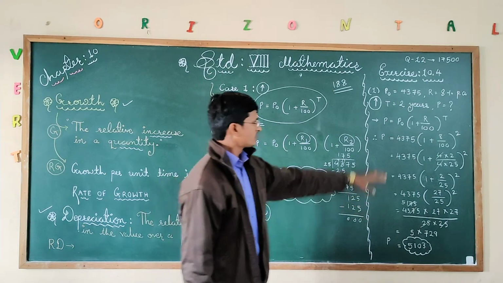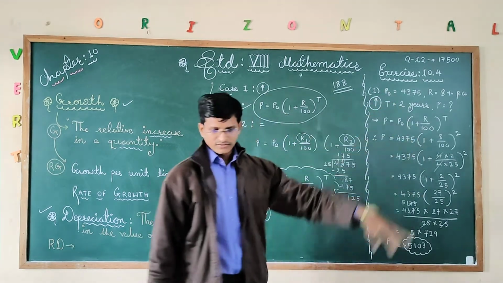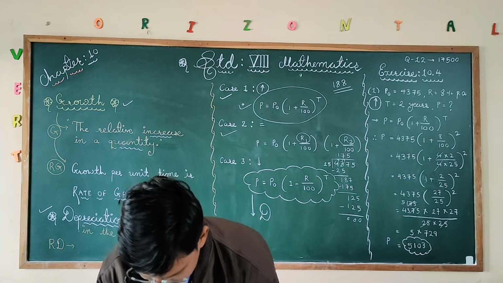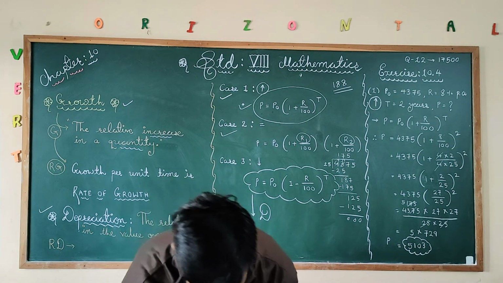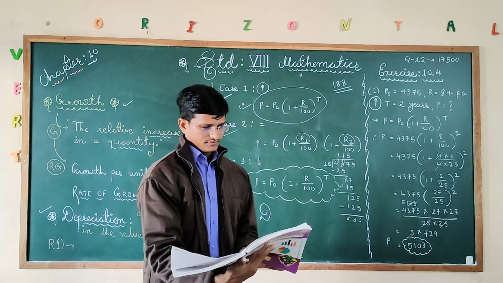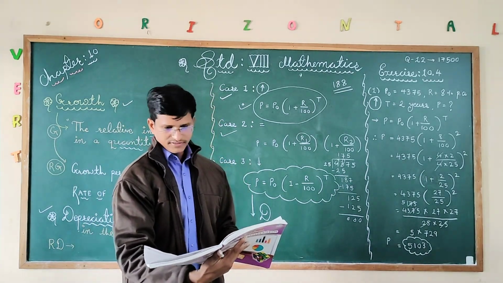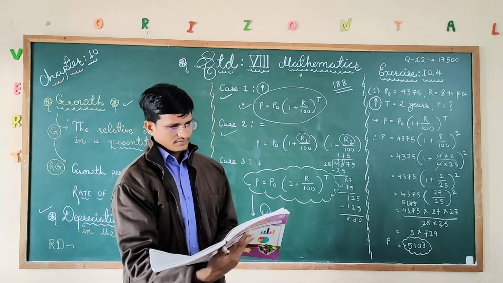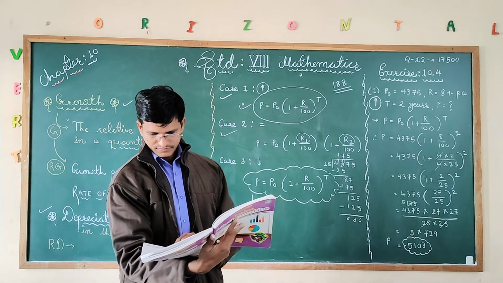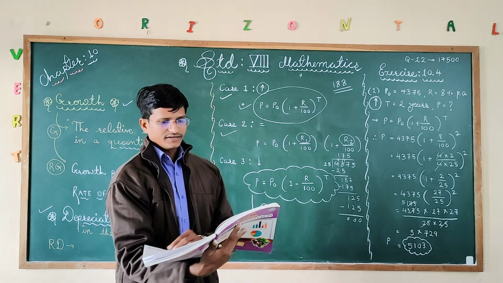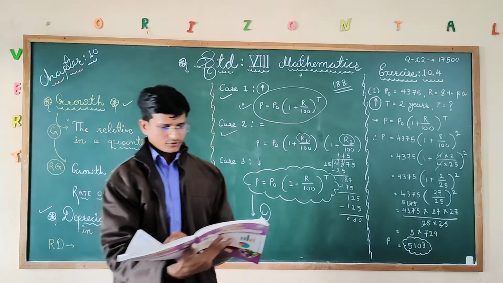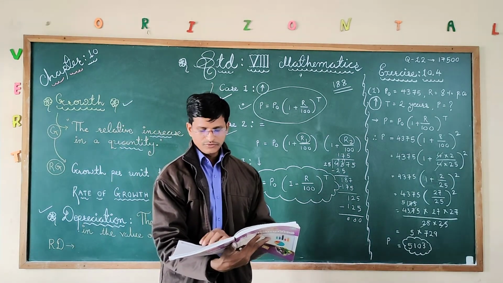Got it? So we have to do it like this, and there are different examples also for growth in the textbook. Example 1 is there. If you want to practice, you can do it, but it is not compulsory for all of you.